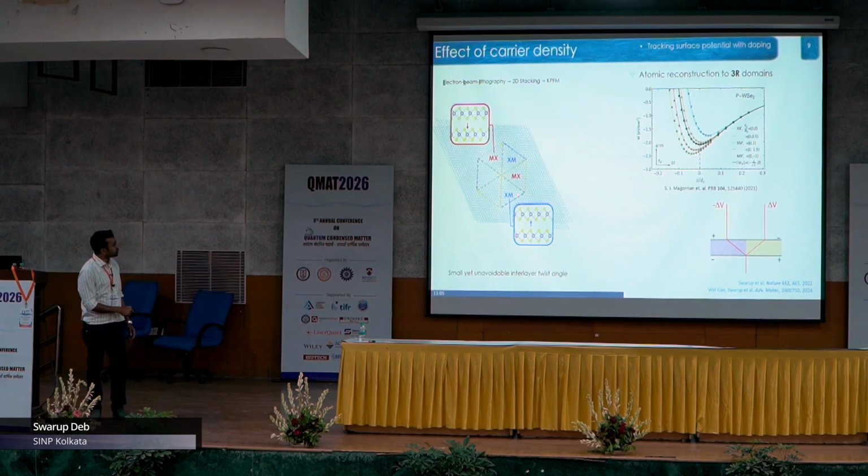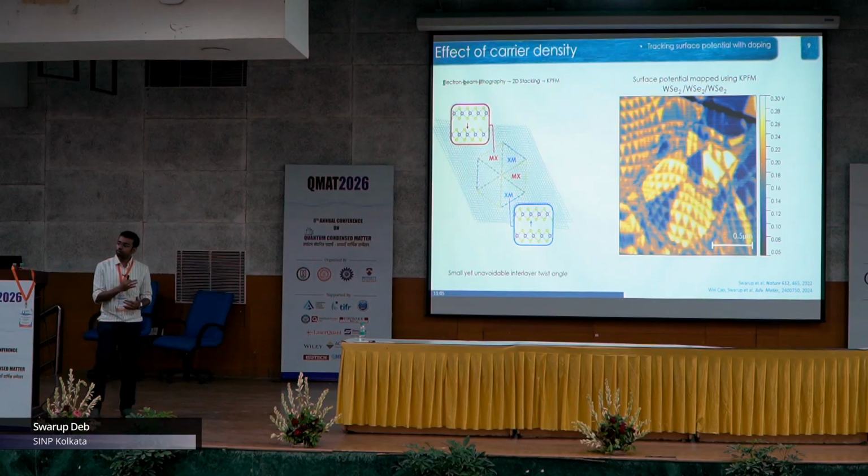So all of these triangles are ferroelectric, but in one triangle, the ferroelectric field in this picture is pointing outwards, and in the other, it is pointing inwards to the screen. And it is this change in the dipole moment from one domain to another that has been picked up by the KPFM, and that is what the contrast is about.